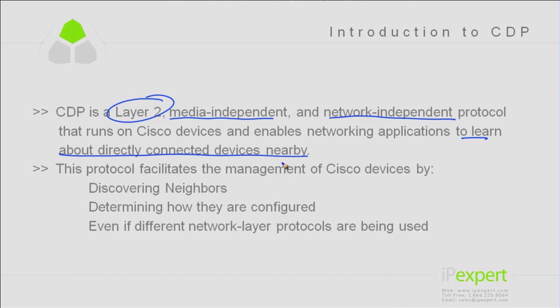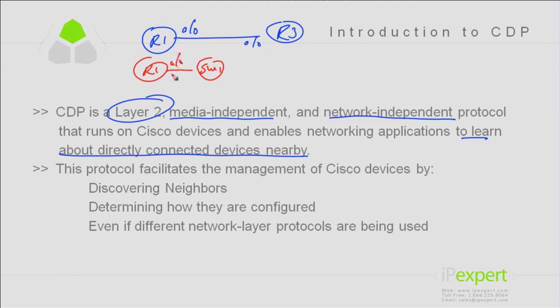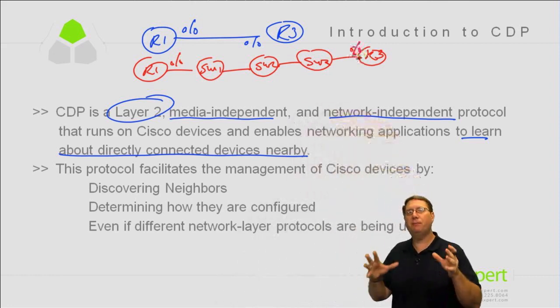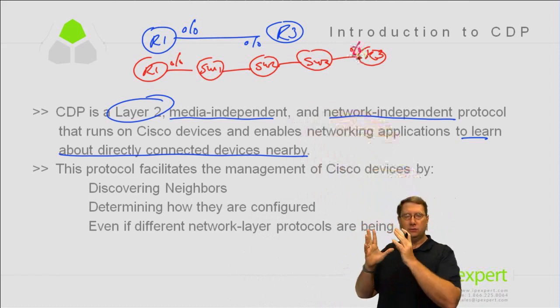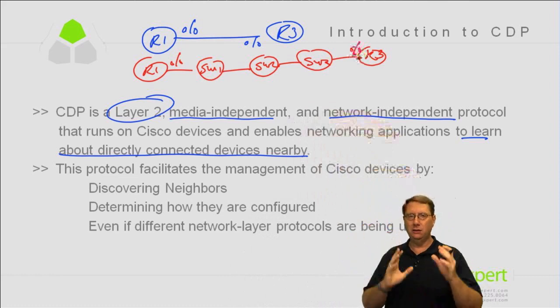So if I have R1 and a logical drawing with a connection between R1 and R3 using interface 0/0, what I may actually have is R1 connected directly to SW1 via interface 0/0, and SW1 or CAT1 connected to SW2, SW3, and then to R3 via FastEthernet 0/0. What I'm illustrating is the principal difference between a layer 2 physical drawing and a logical drawing.